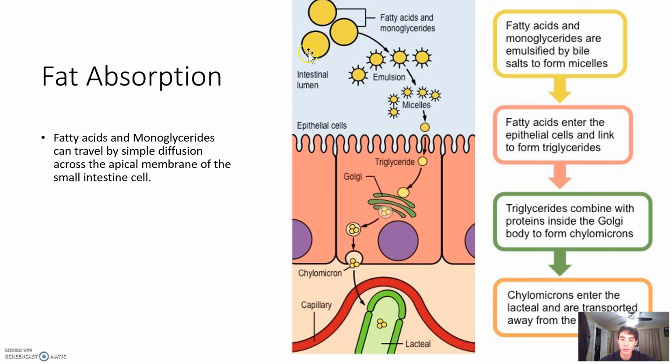We can see over here that we have the large fat droplets, then they're covered in bile salts, and then what's missing here is a lipase and colipase come in and break down the fat droplets into one monoglyceride and two fatty acids packaged into micelles, which then release those products. Fatty acids and monoglycerides cross the membrane by simple diffusion, and cholesterol will enter the cell via a transporter.